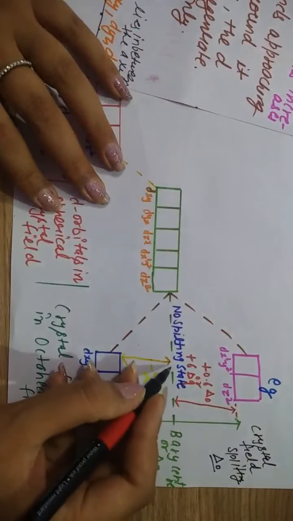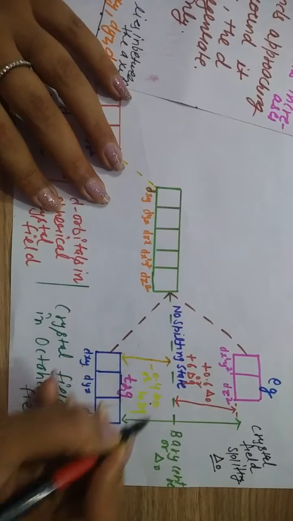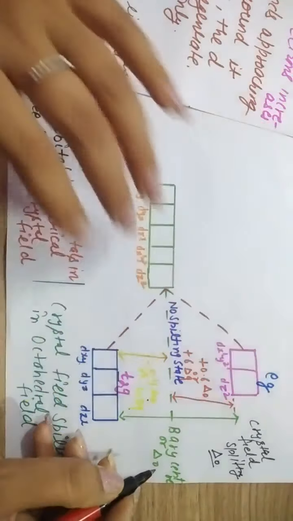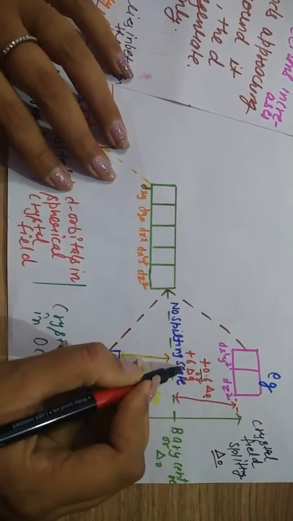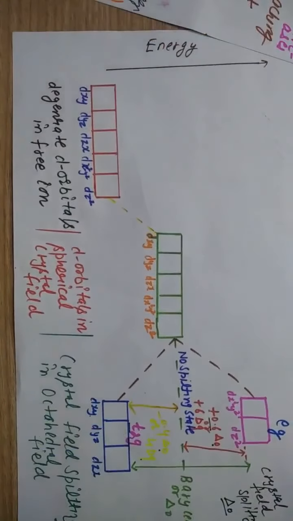The decrease in energy is stabilized by minus 0.4 delta O or 4 Dq, and the total increase in energy is stabilized by plus 0.6 delta O or plus 6 Dq. This is all about crystal field splitting in octahedral complexes.